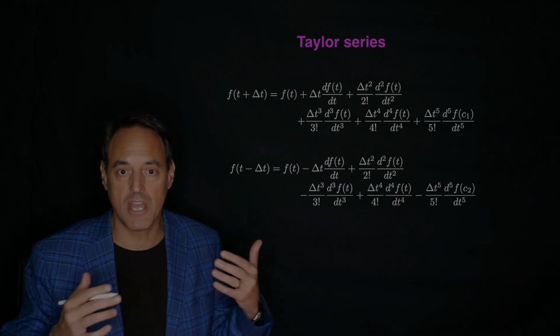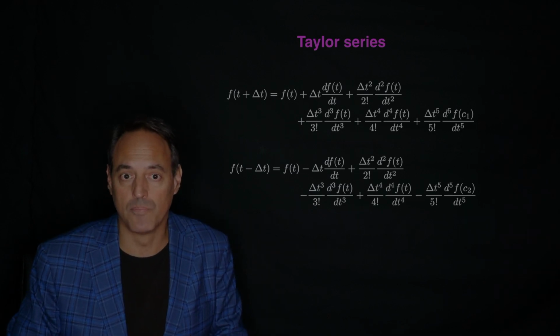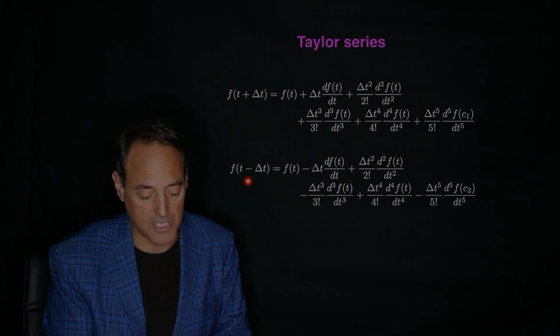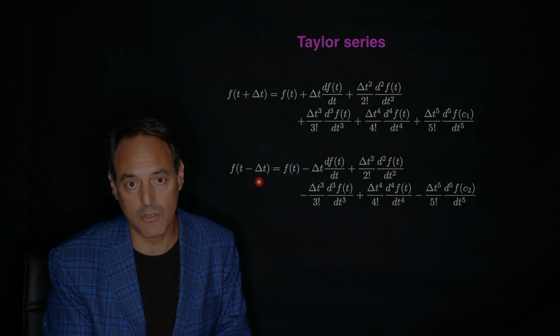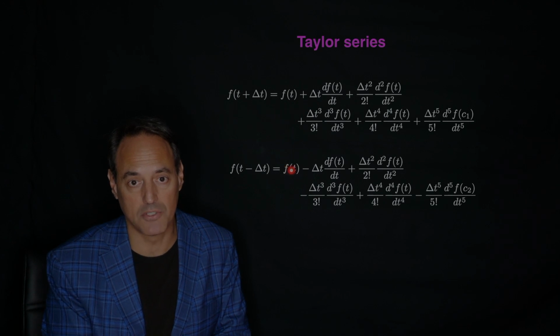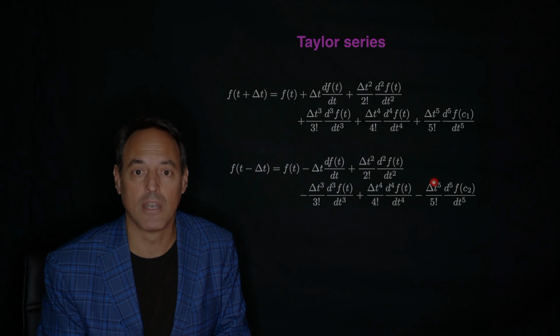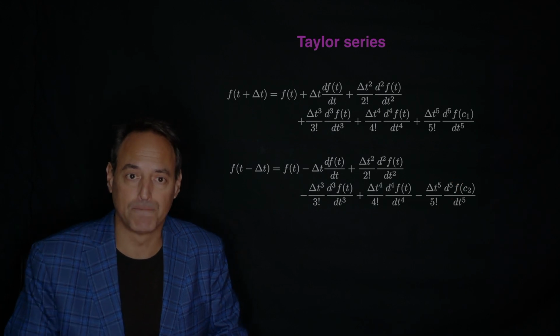This is just standard Taylor series expansion and Taylor's theorem. I'm also going to take f of t minus delta t, and all I have to do is replace, from the top formula, wherever it says t, by minus delta t. Here's the expansion, again up to the 5th derivative.